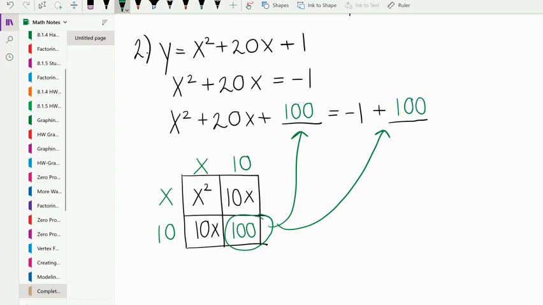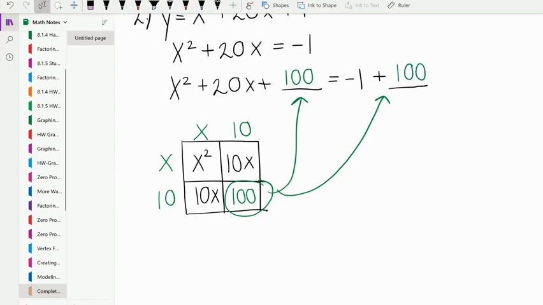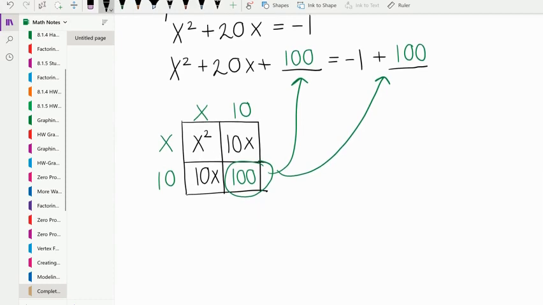Okay, so then I factor x squared plus 20x plus 100, but we just did that. So our factors are x plus 10 squared. So just so you guys know, whenever you get to the factors, it's always going to be something squared because it's always something times something. So what we're doing is we're actually creating a perfect square trinomial.